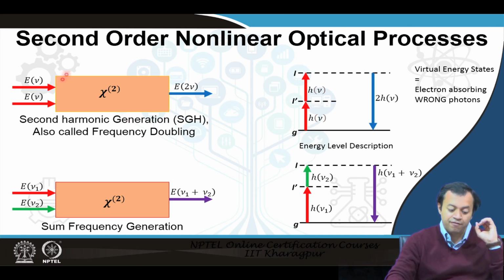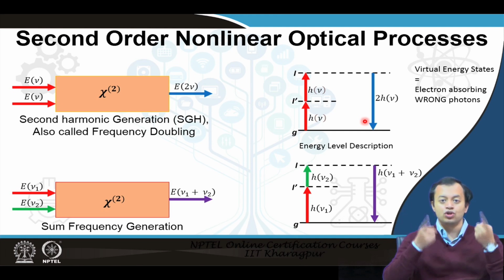This is an experimental phenomenon, where you have sent two beams of the exact same frequency, same phase, same velocity, and you see the output is a combination of nu 1 and nu 2. This is like your adder in an op-amp. If you have nu 1 and nu 2 equal to nu, as in this case, you have 2 nu in the output. That is second harmonic generation.